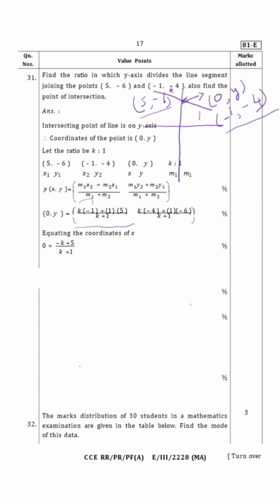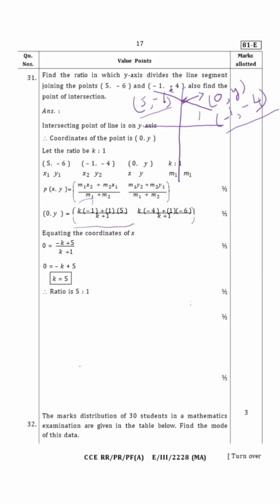So -k plus 5 is equal to 0. So k is equal to 5. We got one answer, the value of k. So the ratio is 5 is to 1. This is the answer to: find the ratio in which the y-axis cuts. Okay. Now we have to find the point of intersection.